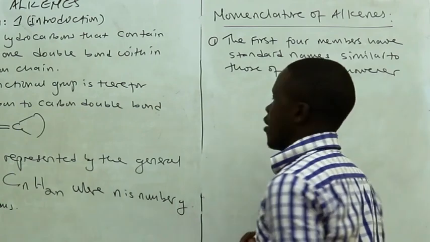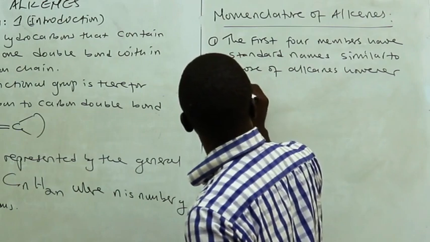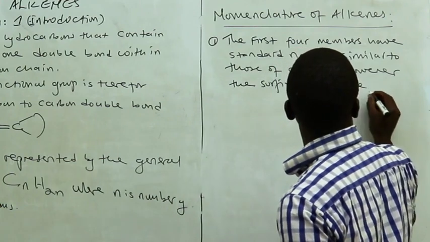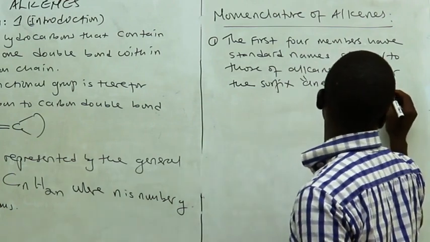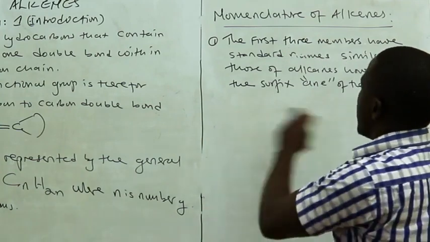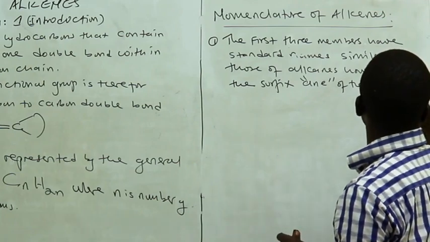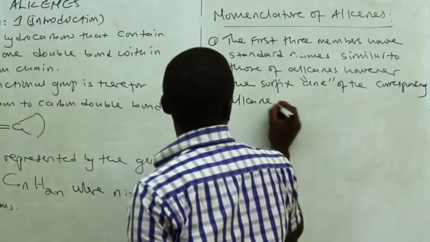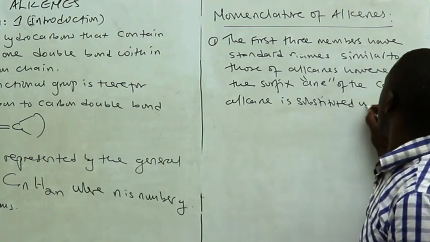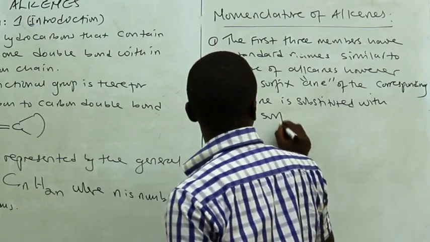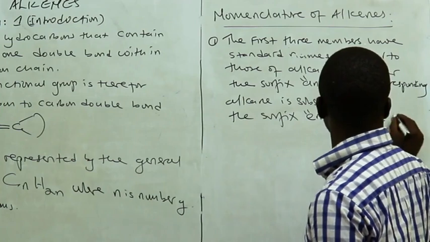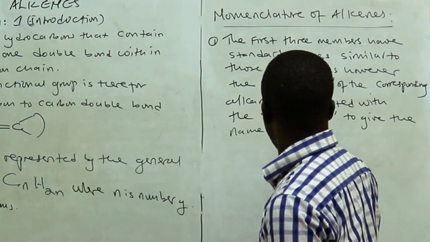However, the suffix ane of the corresponding alkane is substituted with the suffix ene to give the name of the alkene. These are supposed to be the first three, sorry.